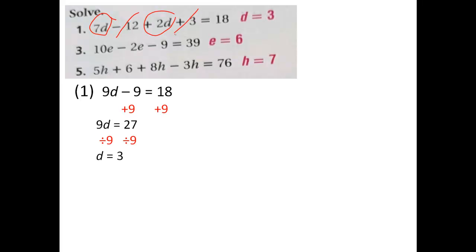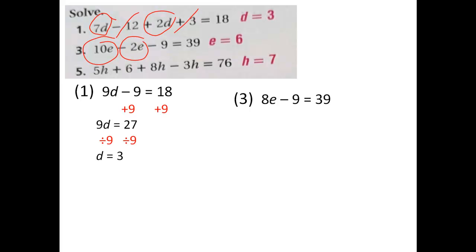Question 3. We have 10e, negative 2e, negative 9 equals 39. It's a long equation, so we want to combine the like terms. We have here 10e and negative 2e are like terms. 10 minus 2 is 8e. Negative 9 equals 39. So 8e negative 9 will equal 39. Now it's a normal equation.